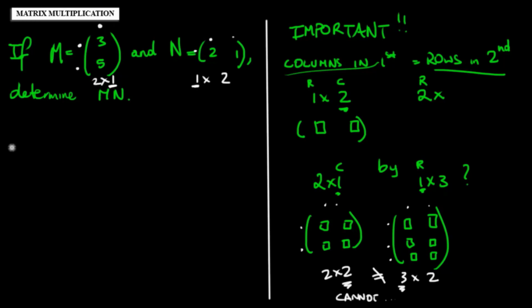Now what we're going to do is lay out our multiplication so it makes it a little easier for us. So first I'm going to put down M, as in literally I'm going to write it down here. Just follow me so far. And then I'm going to put up N, so it's like I'm going to put it up here.